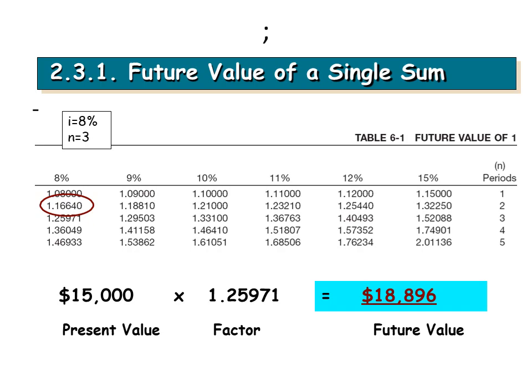Our r is 8, so 1.08 to the power of 3, which is 1.25971, times 15,000, that is $18,896. This is our future value.